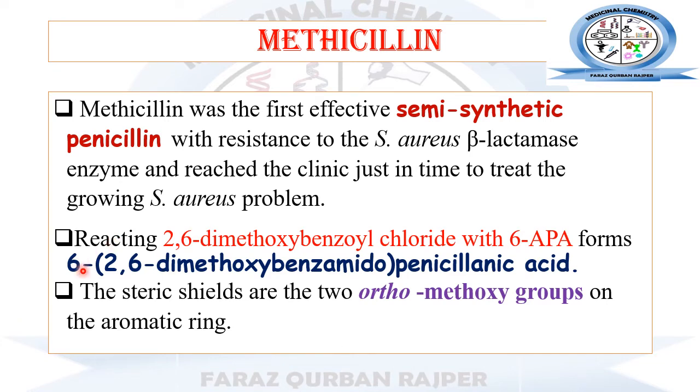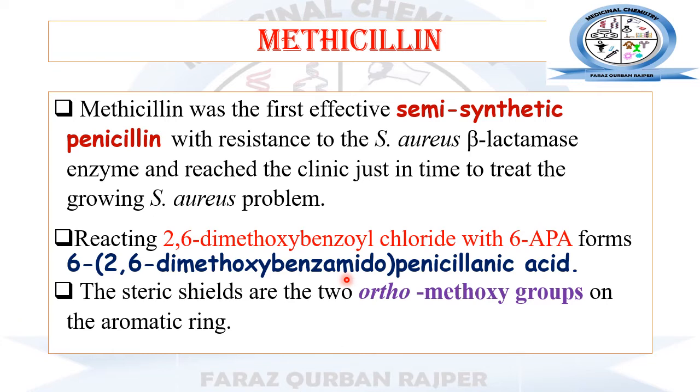Methicillin is also a penicillin example. The chemical name for methicillin is 6-(2,6-dimethoxybenzamido)penicillanic acid. What does this represent? At the 6 acyl amino side chain we have this 2,6-dimethoxybenzamido derivative, which is basically a bulky functional group that behaves like a steric shield.